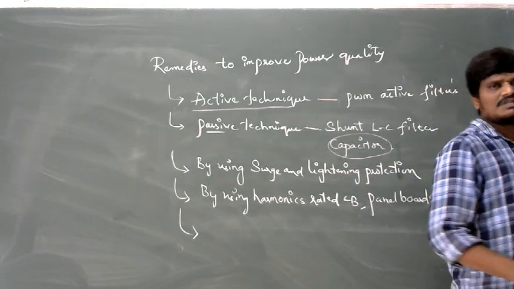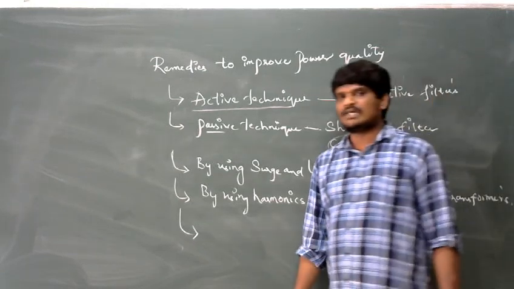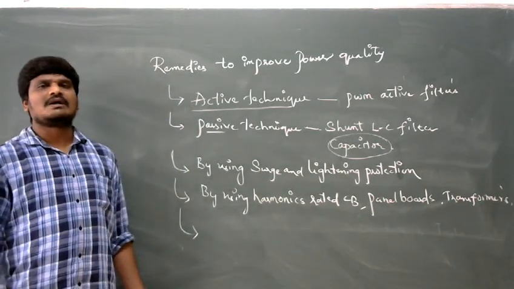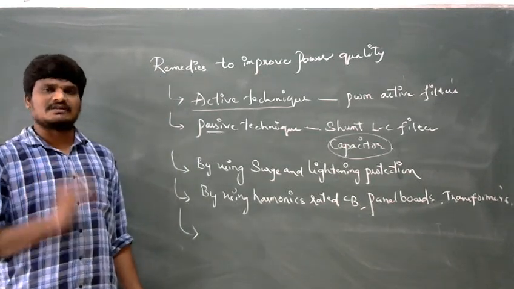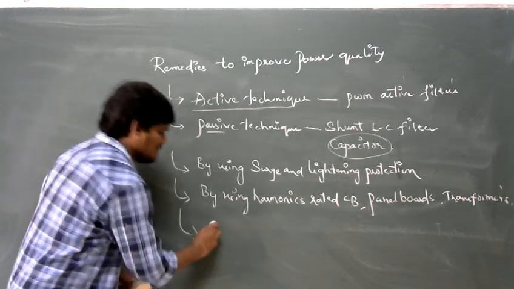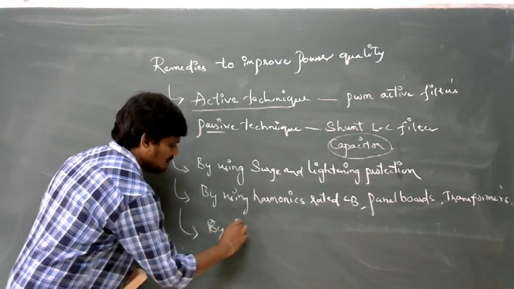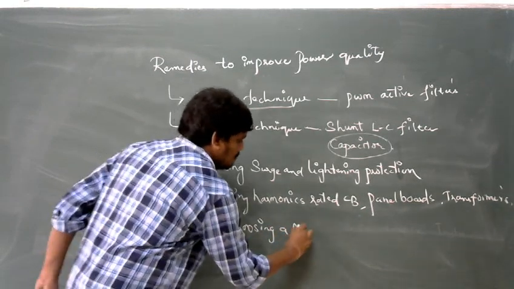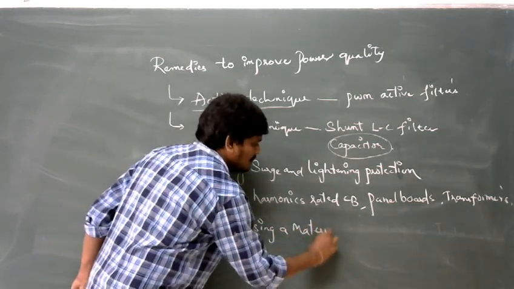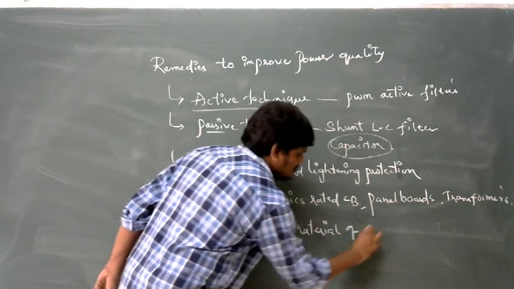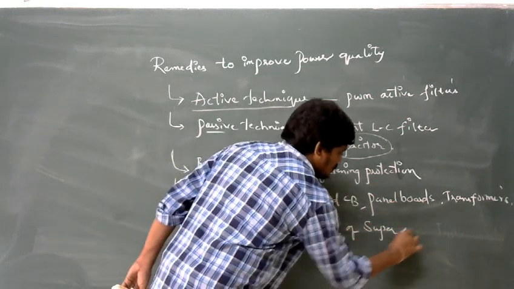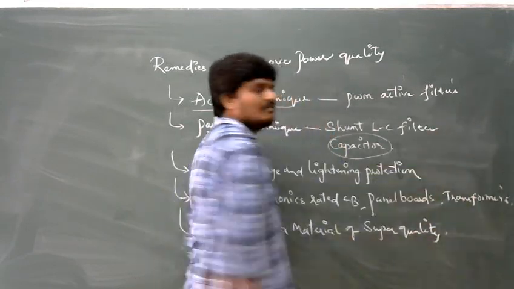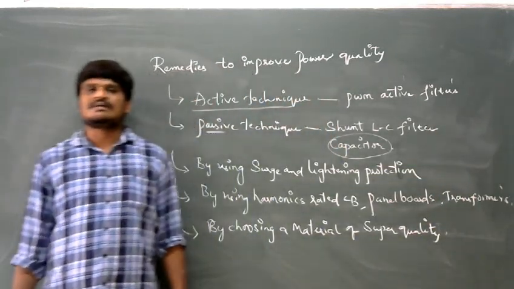So by choosing such type of material, by choosing a material of super quality, I can reduce the power quality problems and improve the power quality level to a certain extent.